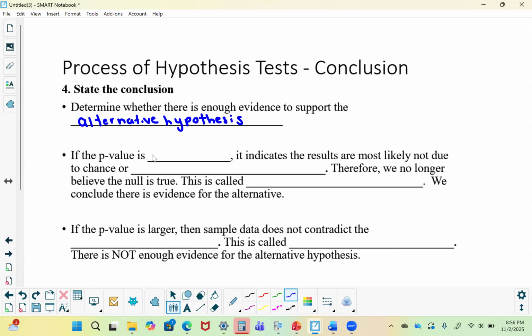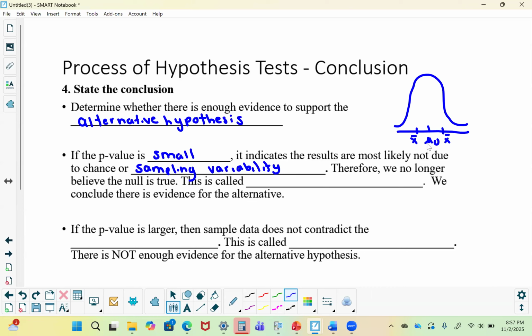Now, the whole idea is if the p-value is small, it indicates the results are more likely not due to chance or sampling variability. We've already talked about how every sample is slightly different, and so there is sampling variability. So it makes sense that if we have a normal model and my population mean, X bar is somewhere slightly off. That's not alarming.